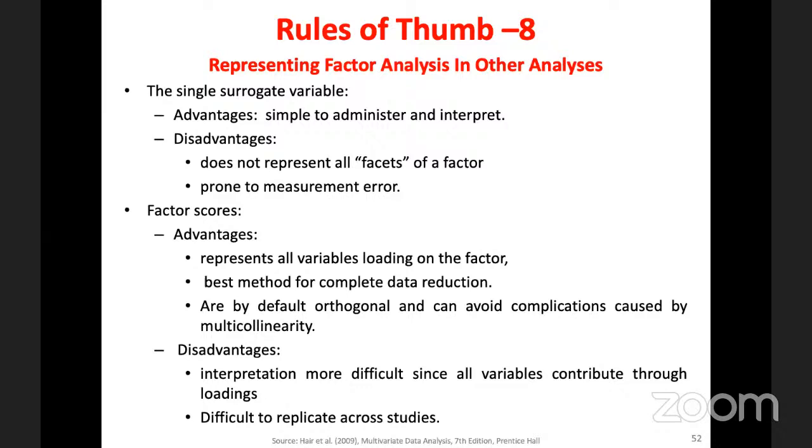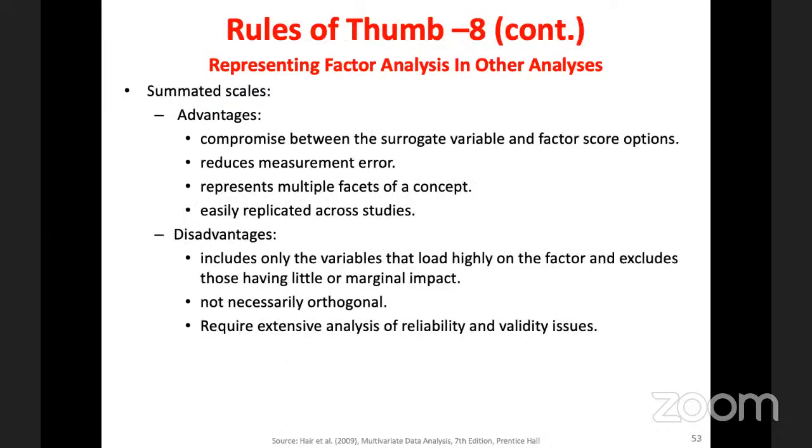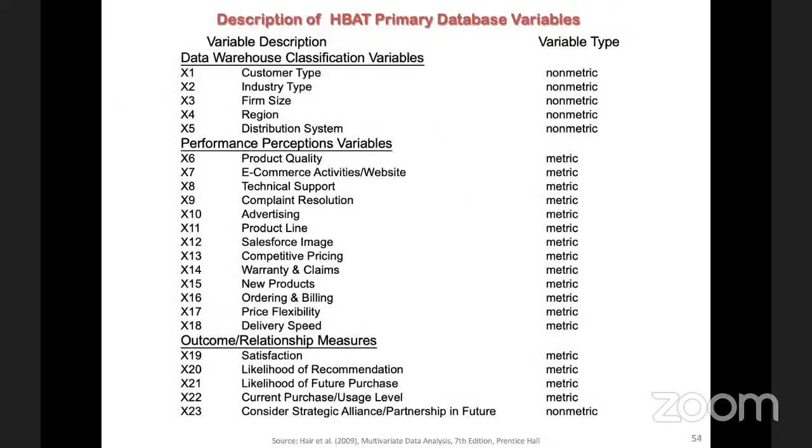Whether it is a surrogate variable, a summated scale or a factor score, they have their own advantages and disadvantages. However, the factor score is normally taken to be a good representative of the factor, because each and every variable contributes to it.